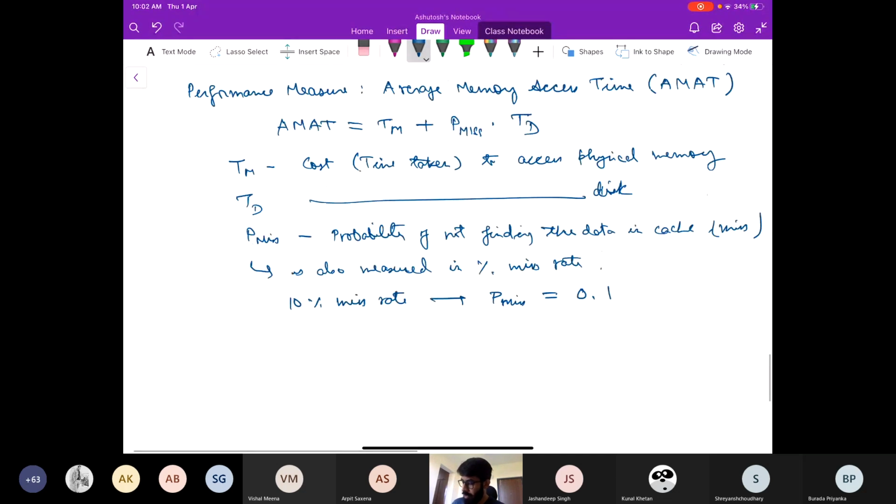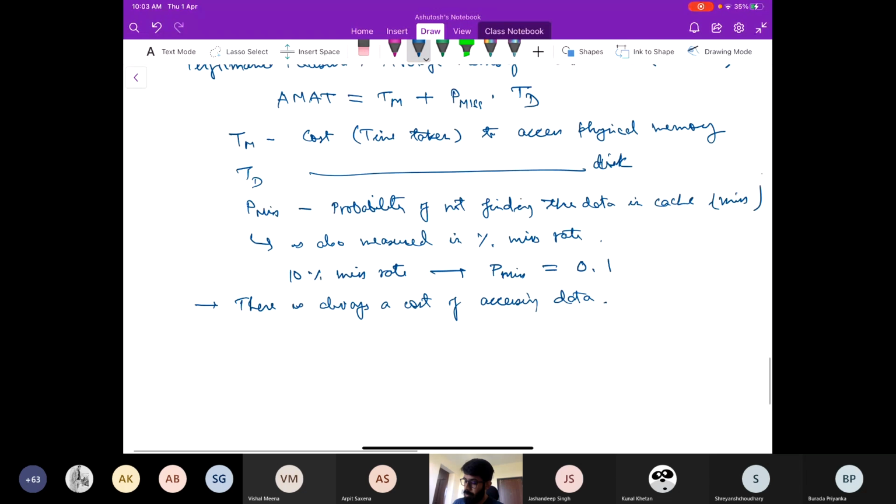As you see, there is always a cost of accessing data: the physical memory access will itself cost you some time.